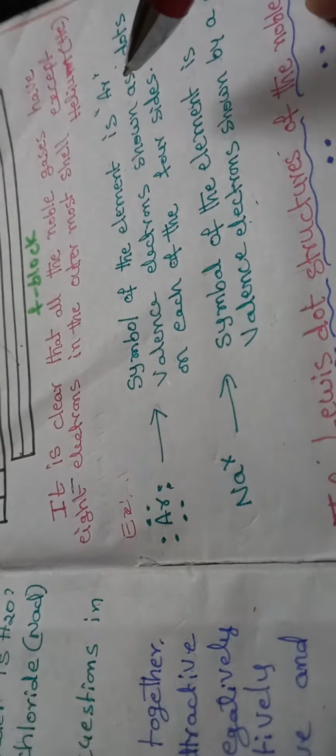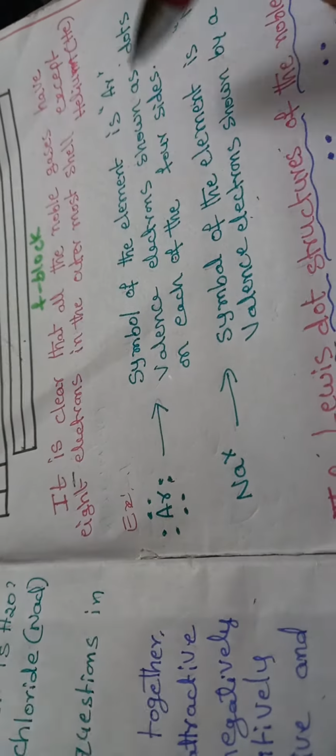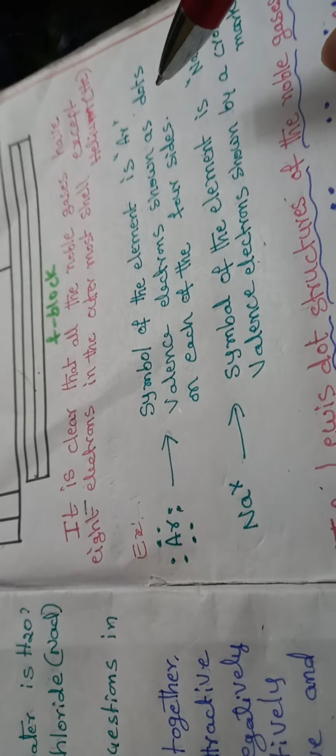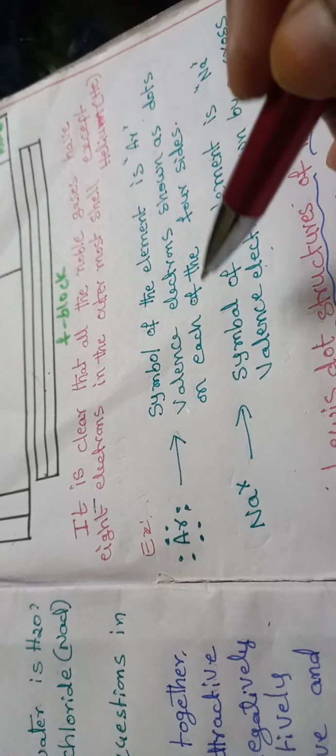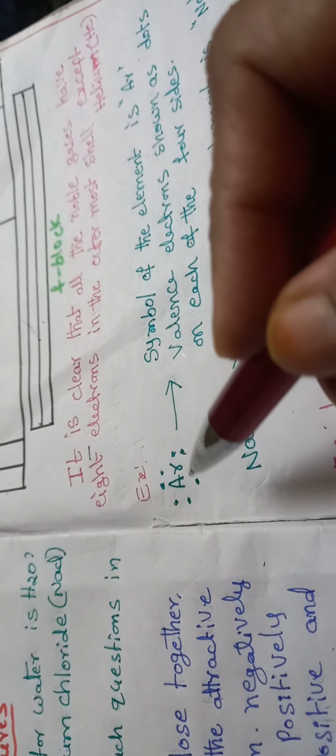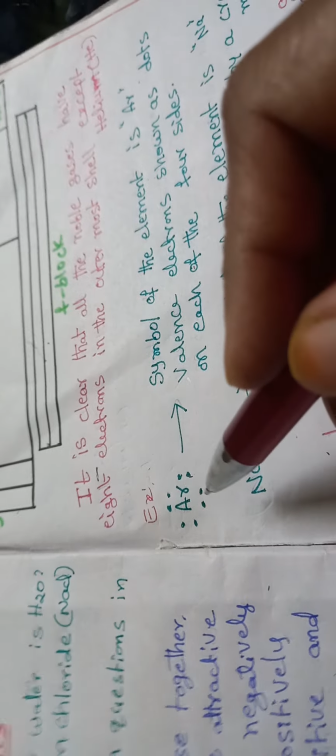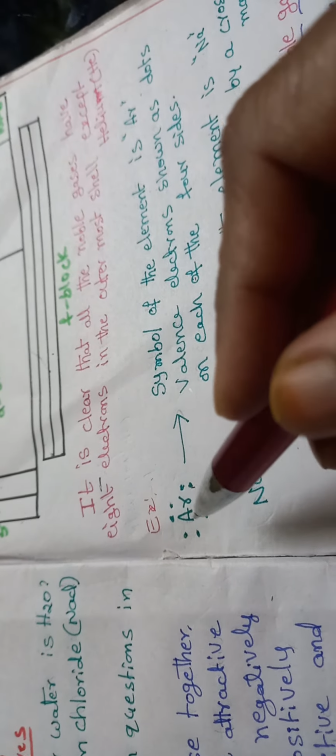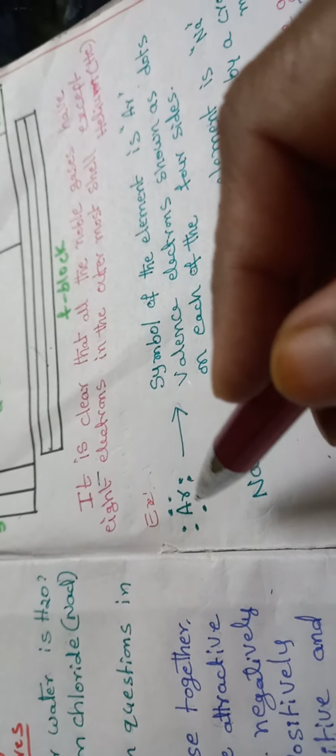The symbol of the element is Ar, and the valence electrons are shown as dots on each of the 4 sides, so the dots show the valency electrons.